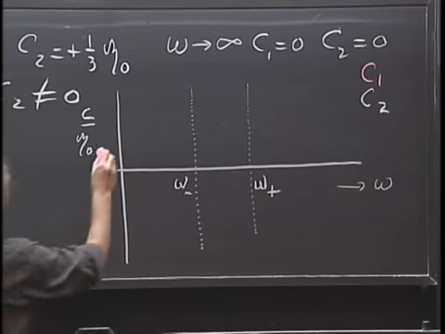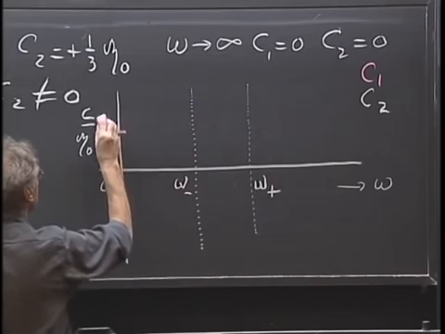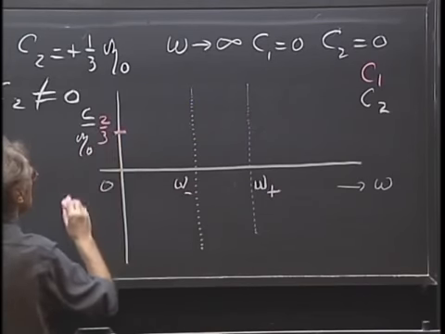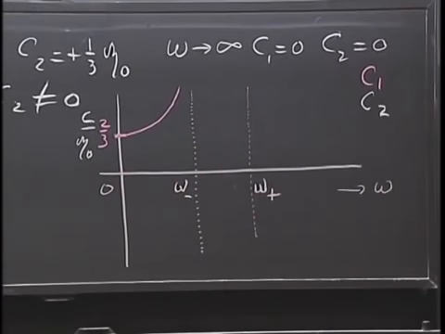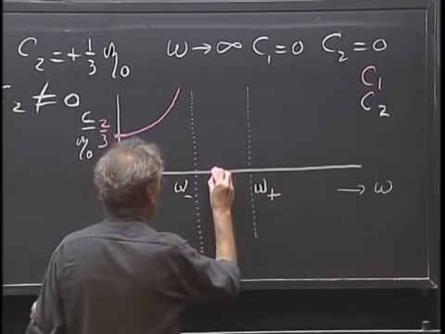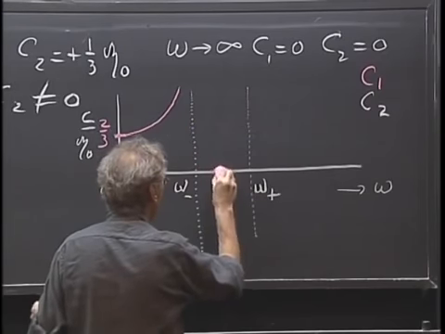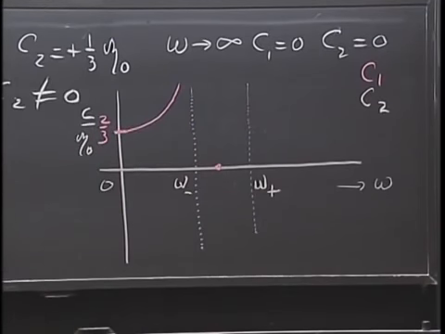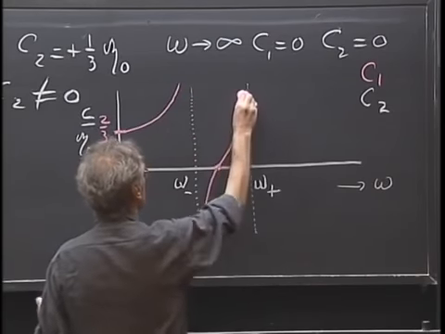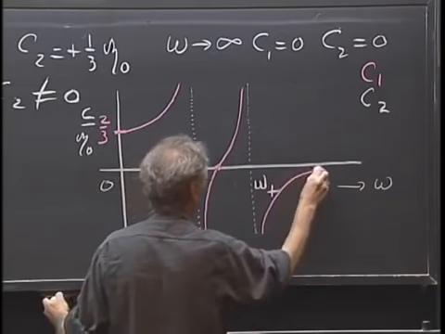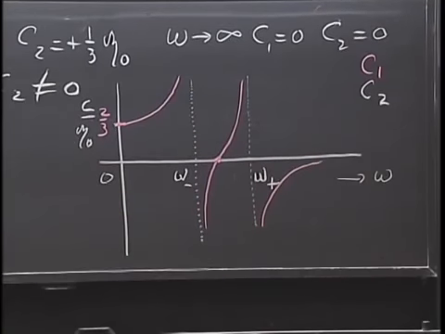So C1 is 2/3 here, and then it goes to infinity there. And then here, when it is 1.4 times omega 0, the square root of 2, then it goes through 0, it comes up here, and then I get a curve here, without being too precise.